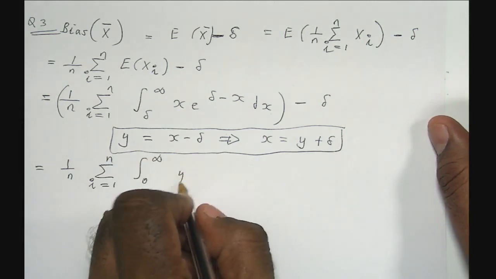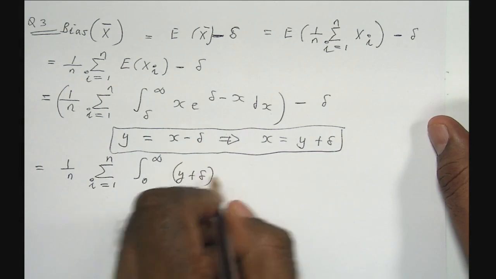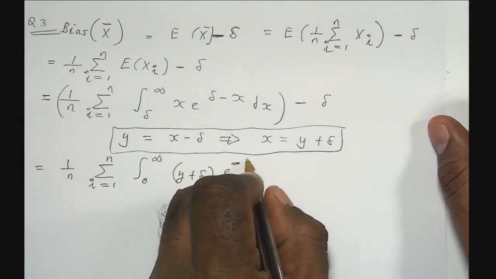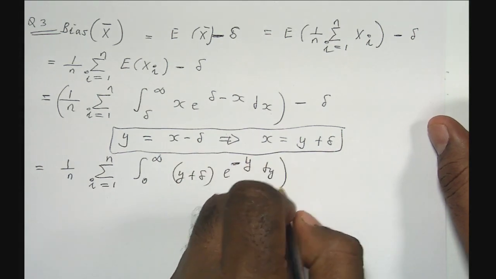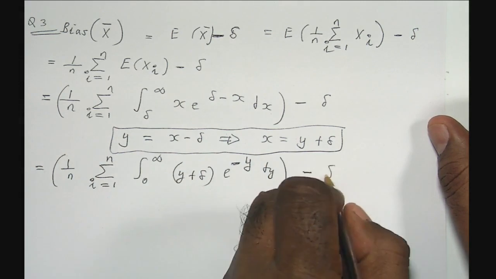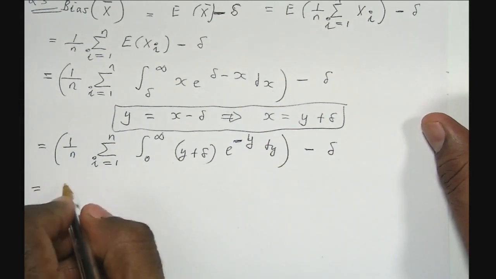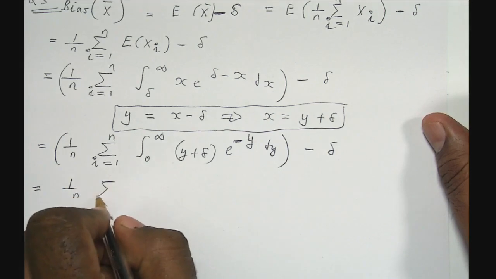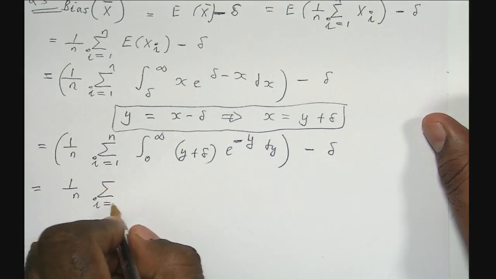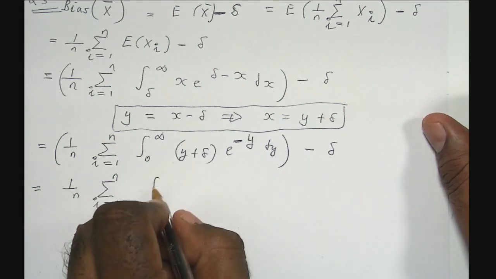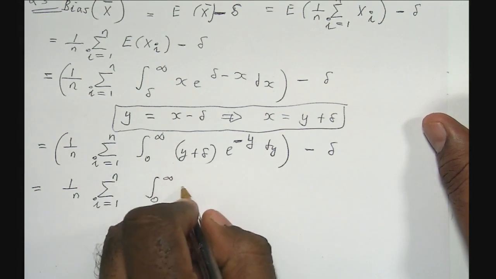X will become y plus delta, e to the minus y, dy, minus delta. So now what you have here should be a familiar integral for you guys.